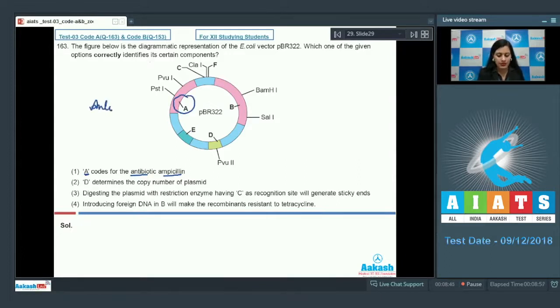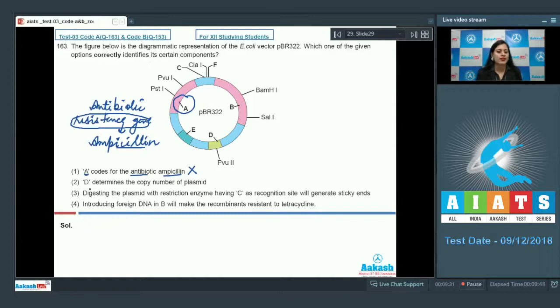A represents antibiotic resistance gene against ampicillin. So it's an ampicillin resistance gene. So option 1 is an incorrect option because A doesn't code for ampicillin but for ampicillin resistance gene.